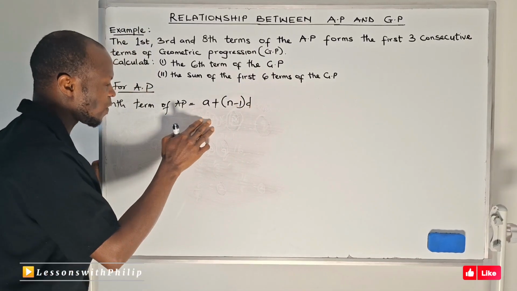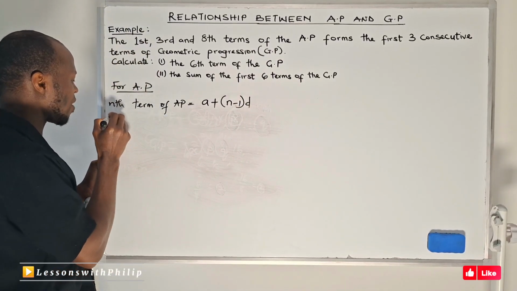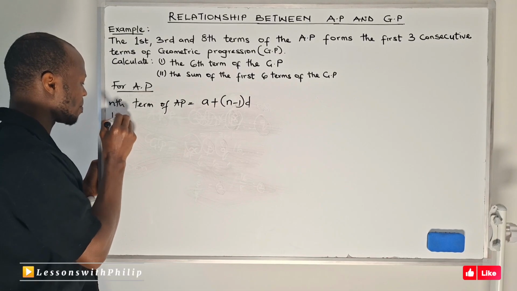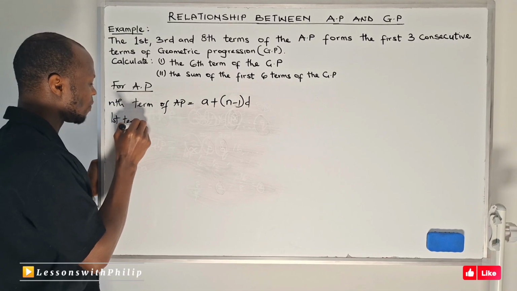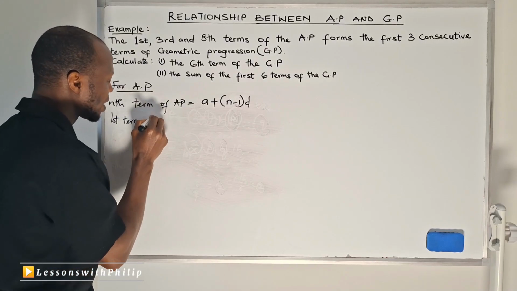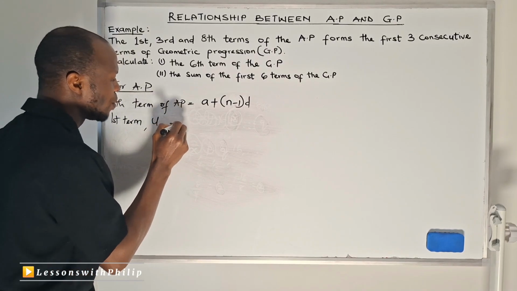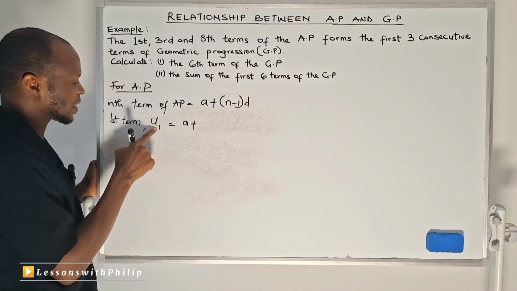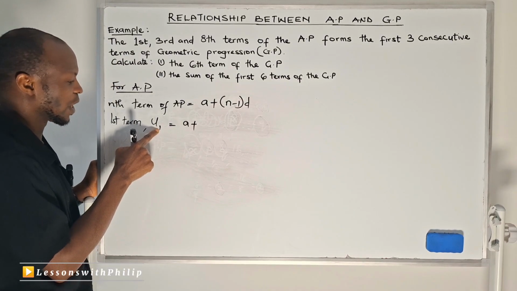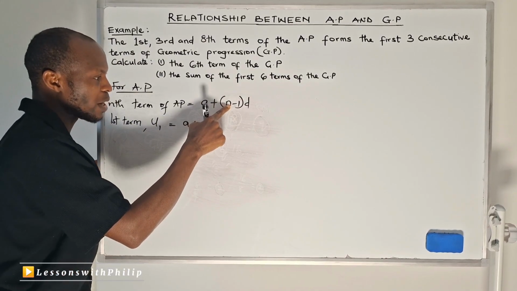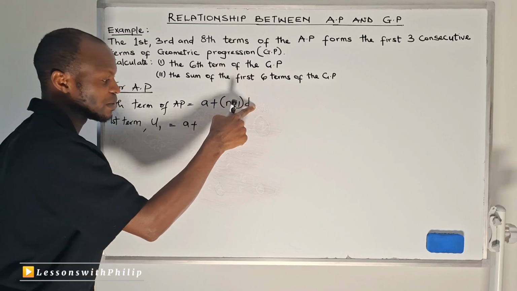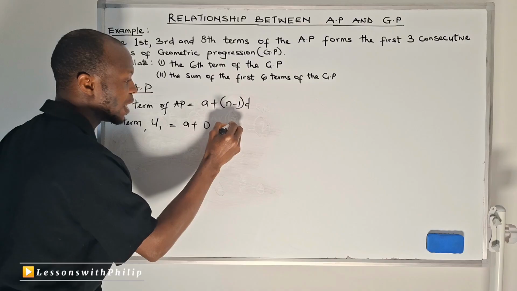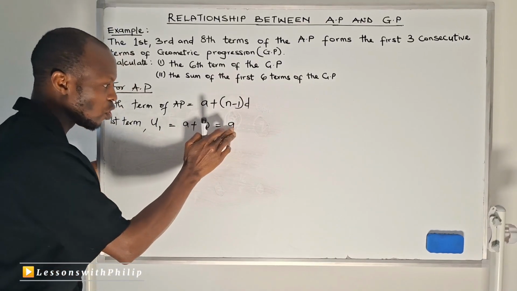If you use this formula to find your first term, it will be A plus, what is your n? For the first term, your n is 1. Now, 1 minus 1 is 0. 0 times D will be 0. That is A plus 0, and that will be A. So your first term will be your A.